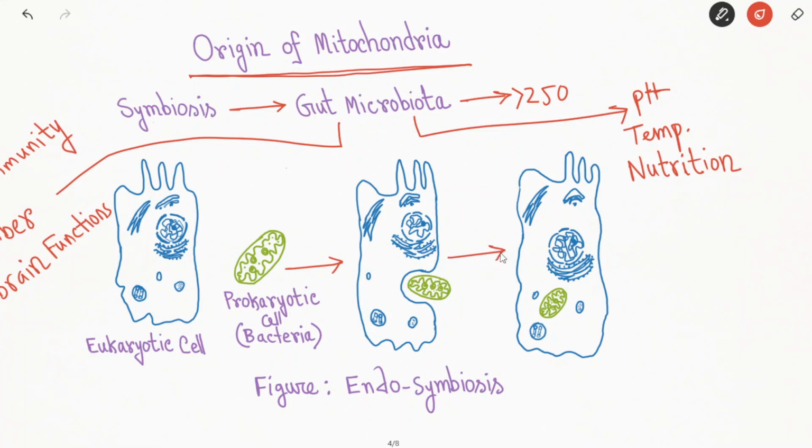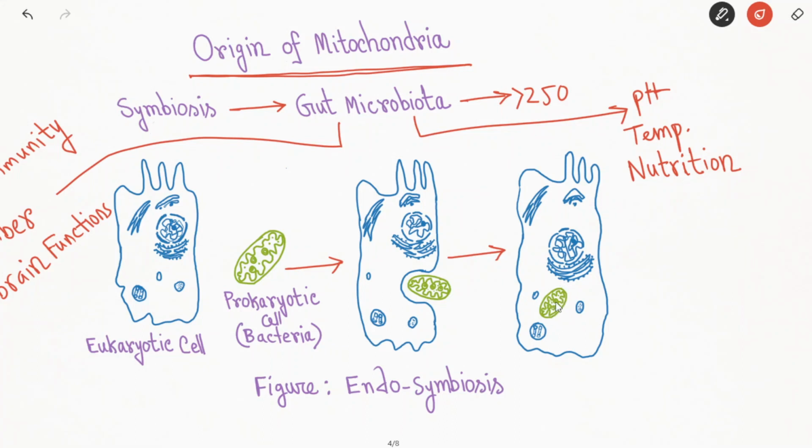Later, this eukaryotic cell did not kill the prokaryotic cell. The prokaryotic cell is capable of utilizing oxygen to break down organic compounds for generating energy. So a symbiotic relationship formed between these two cells.